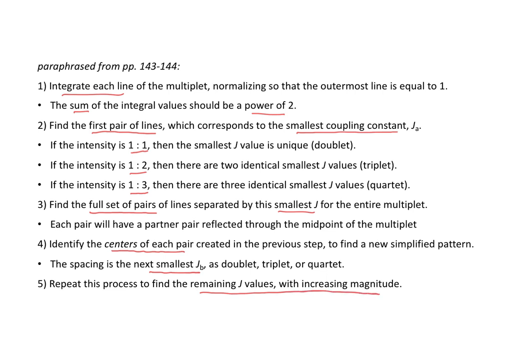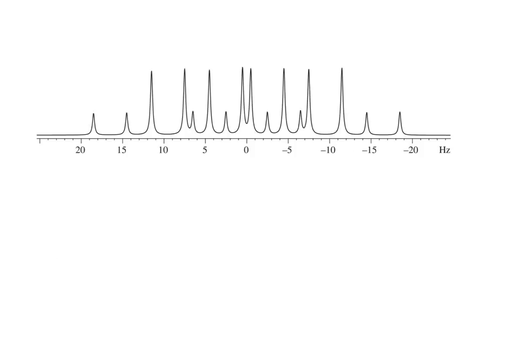So let's go back to figure 3.26. The first rule is to integrate each line of the multiplet. I will write the numbers above the peaks. So this is 1 to 1. So it's pretty clear that we'll be looking at a doublet for the smallest coupling constant.